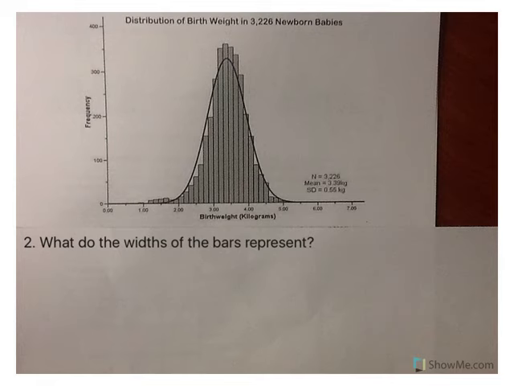Number two, what do the widths of the bars represent? If you'll notice, this is not just a single line. There is a width to it. So the width is kind of the range of birth weights. I don't think it's nice and perfect, but you'll see, halfway between there's a little dot in there, and that makes it 2.5.